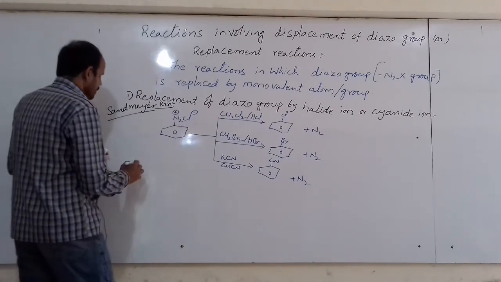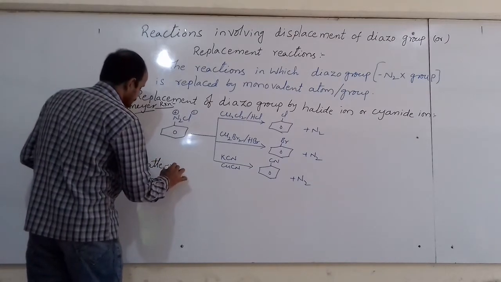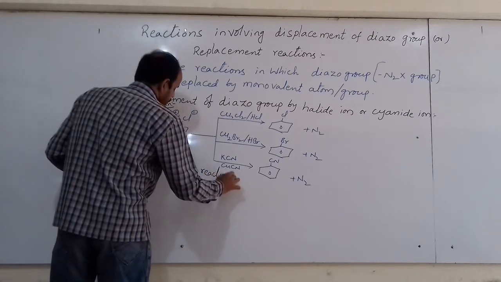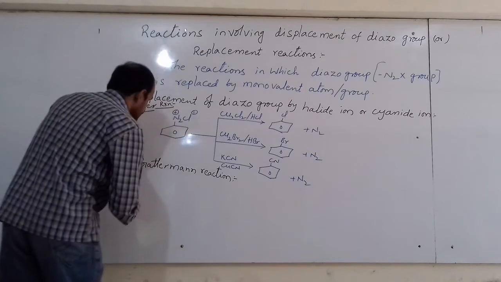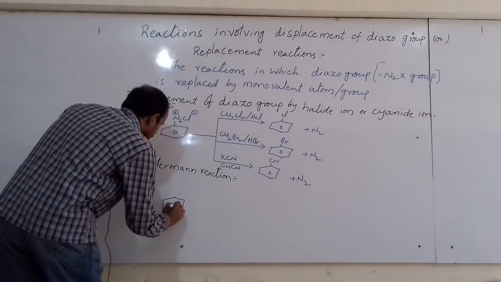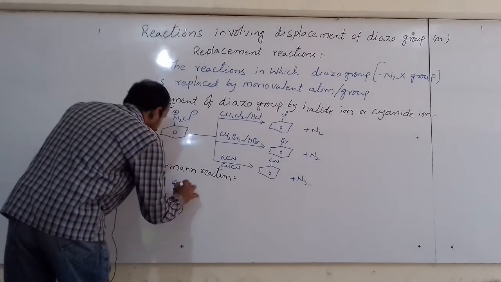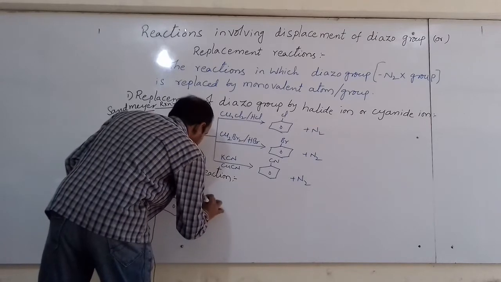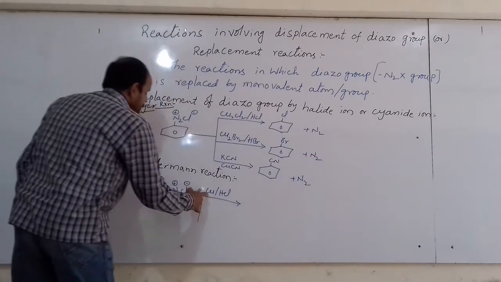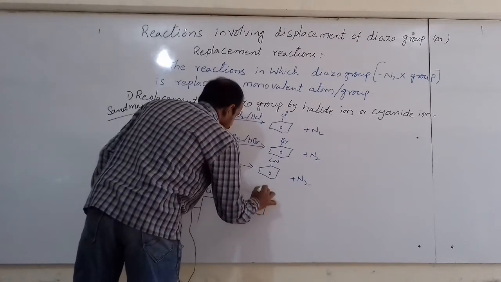Another one is the Gattermann reaction. In the Gattermann reaction, benzene diazonium chloride reacts with HCl in the presence of copper, and we get chlorobenzene.